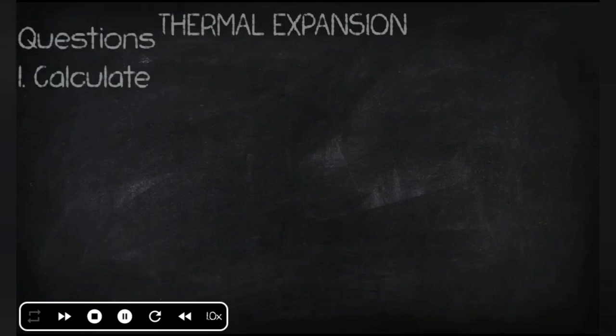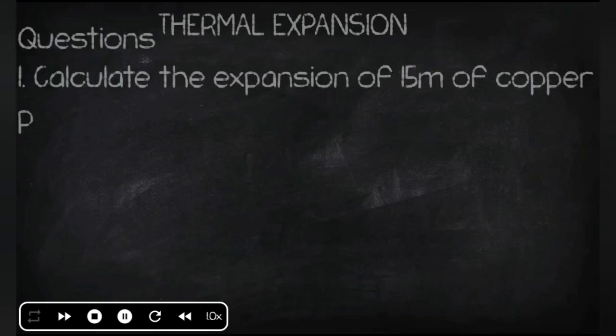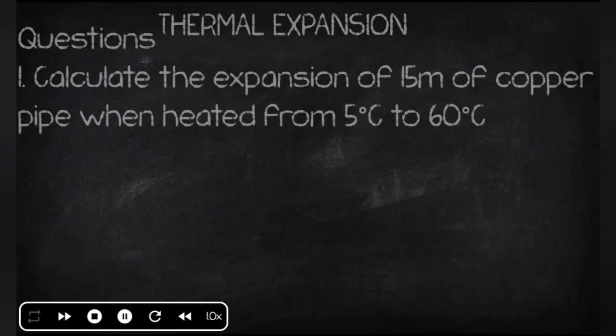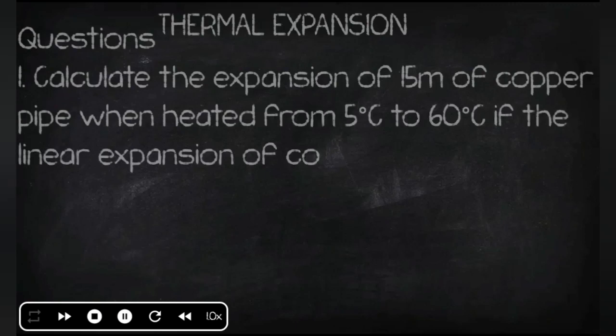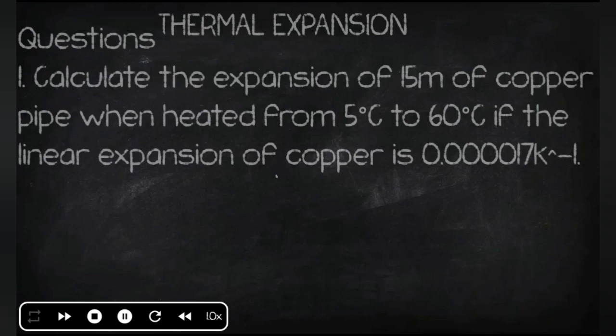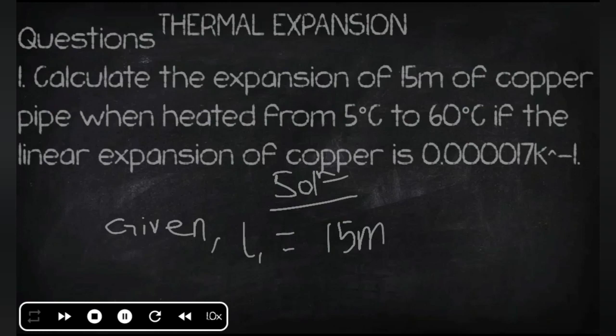So a question: calculate the expansion of a copper pipe when heated from 5 degrees Celsius to 60 degrees Celsius, if the linear expansivity of the copper is 0.00017 per Kelvin, given that L1 is equal to 5 meters.